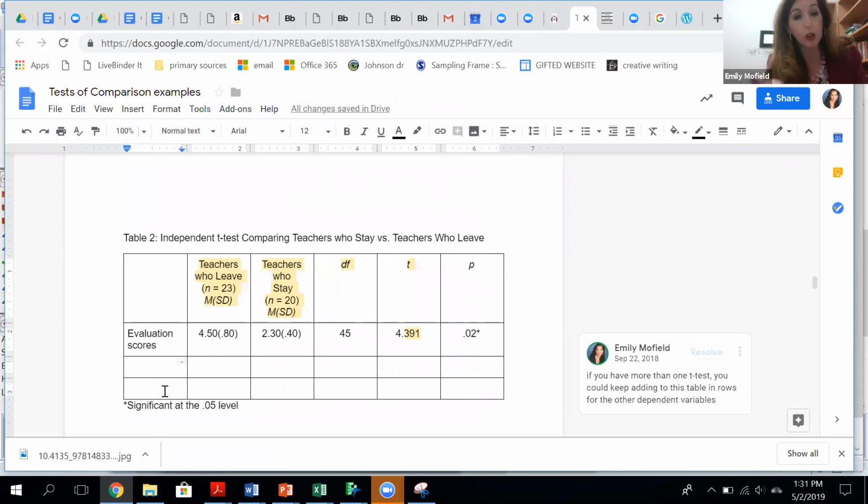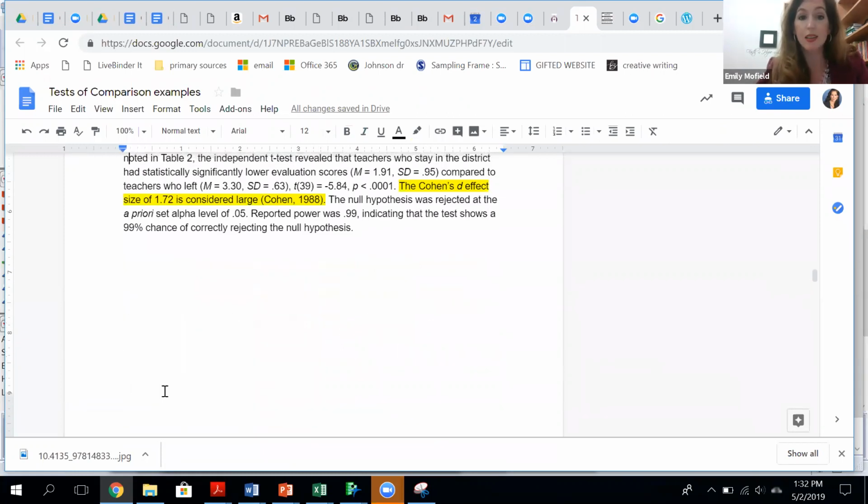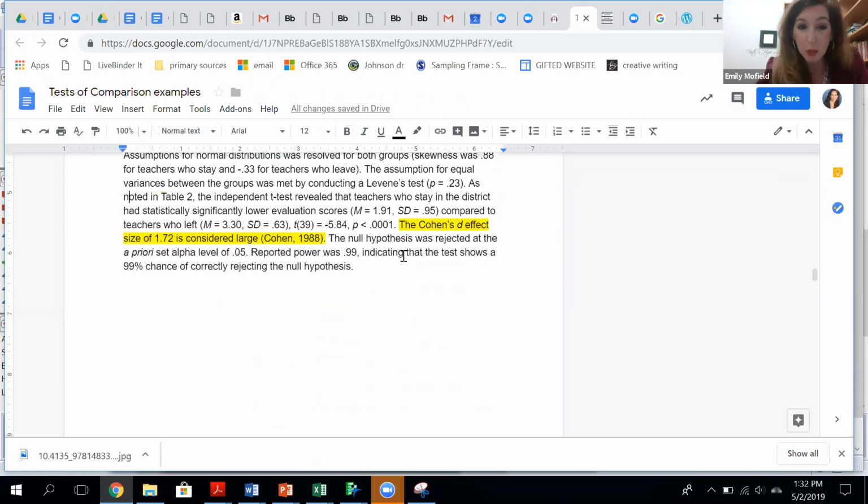So you might have looked at group differences on a number of variables. Then it would have been better to include all of this in a table. If you have several dependent variables, I do not think it is a good idea to just have this same paragraph over and over again, okay?